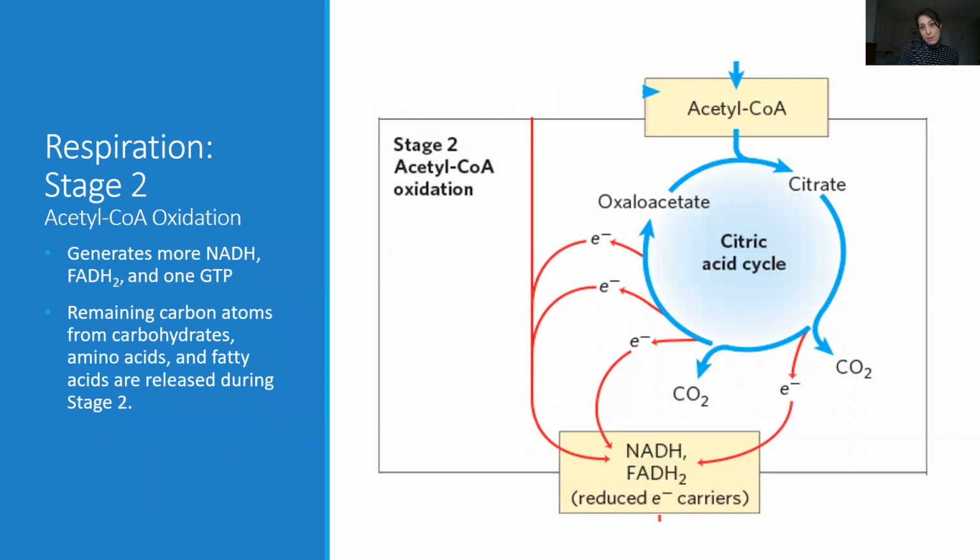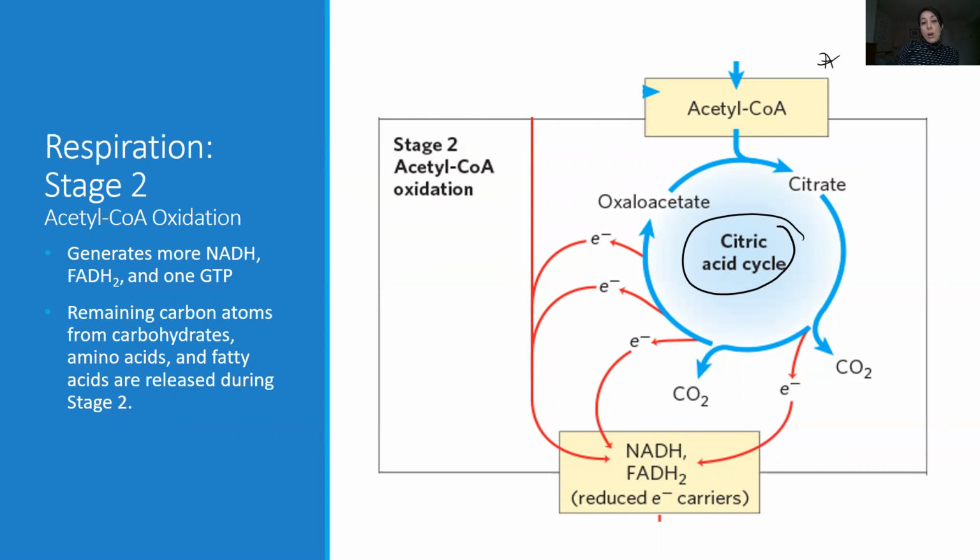A grand look at respiration stage 2, again, is what we call the citric acid cycle. You can see here, the acetyl-CoA we made in stage 1 of respiration is then fed into the citric acid cycle. Here, we're going to generate even more NADH, more FADH2, and we also generate some GTP.